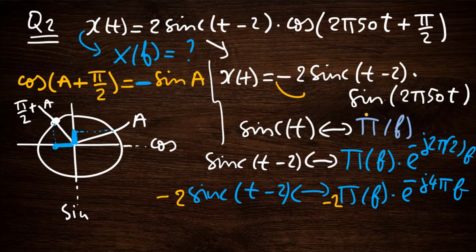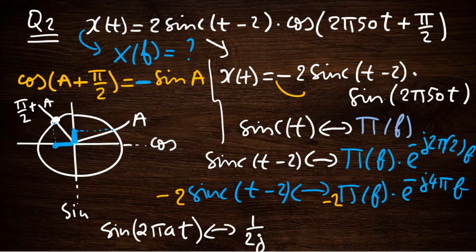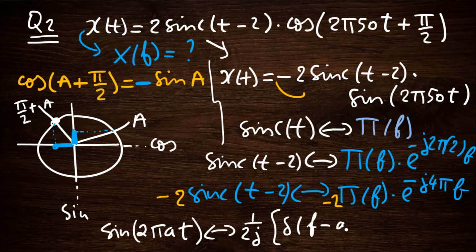What about the Fourier transform of sine 2 pi 50 t? The Fourier transform of sine 2 pi a t is 1 over 2j times delta of f minus a, this number a, minus delta of f plus a.